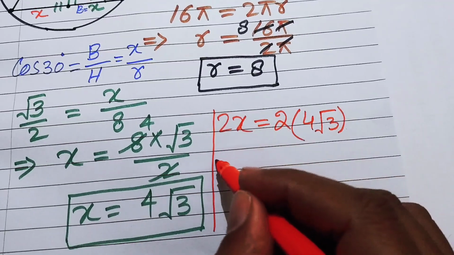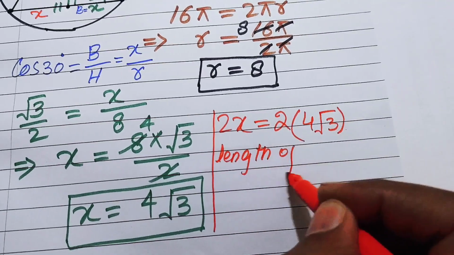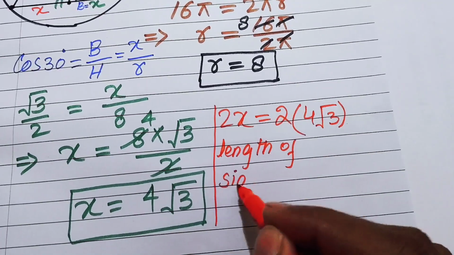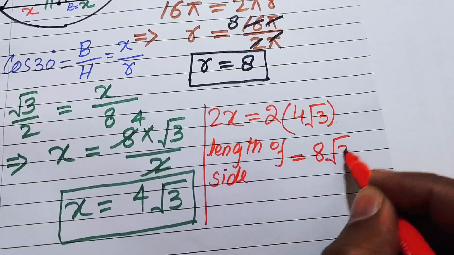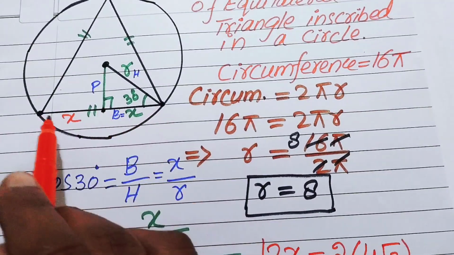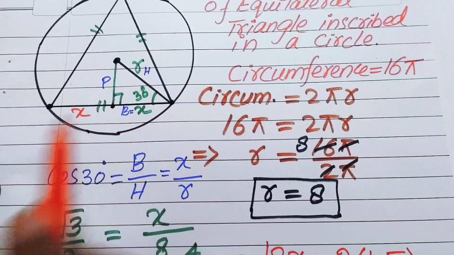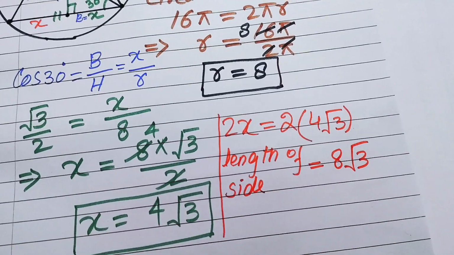So the length of the side of the equilateral triangle equals 8 times square root of 3, because the total length is 2 times x.